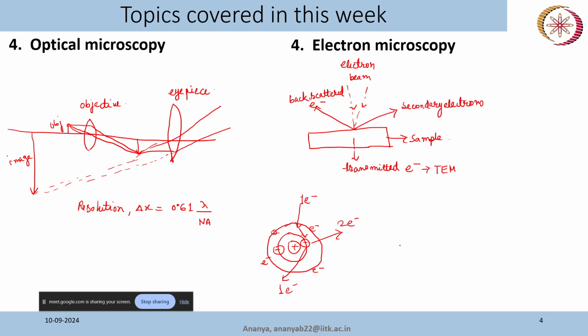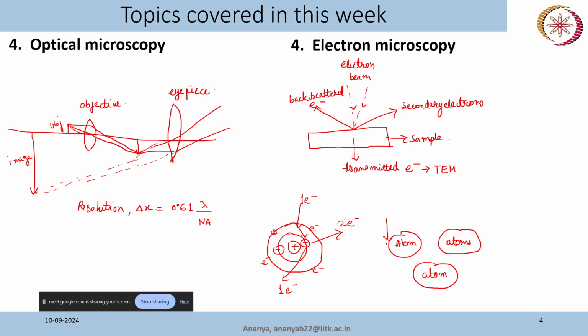Now what is a backscattered electron? We will have an atom, there will be electrons in the atom, and you have another atom in your sample. Primary electrons will come, that is the electron beam.